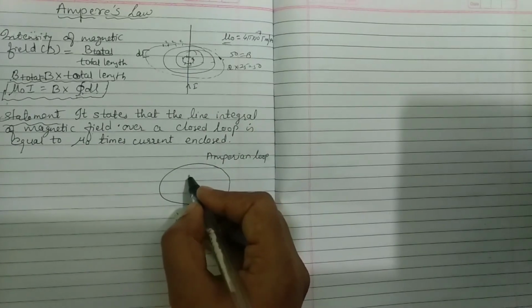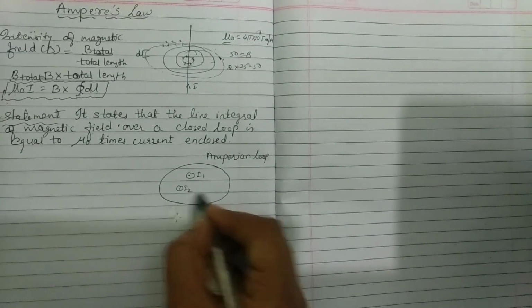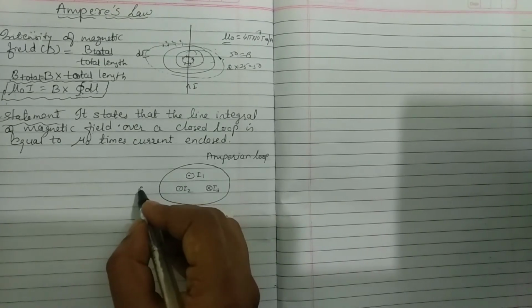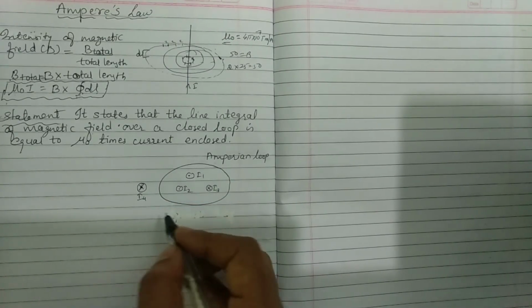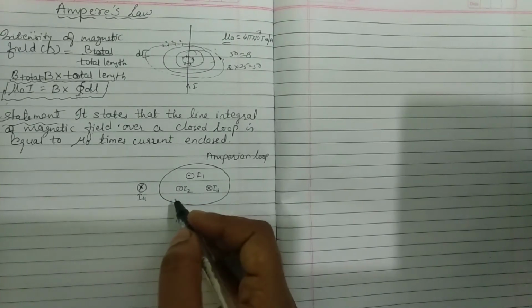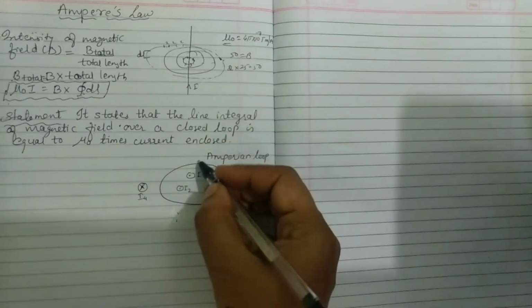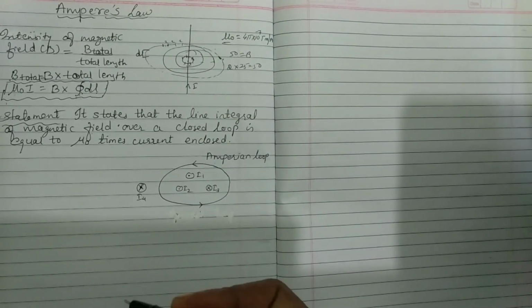So what will happen if there are several currents? If you consider current I1 over here, current I2 over here, current I3 over here, and one of the currents I will take as I4 over here. Now if you use the curled palm right hand rule, curl the right hand, and see the current direction, anti-clockwise we are considering.